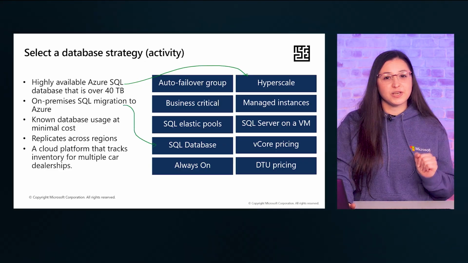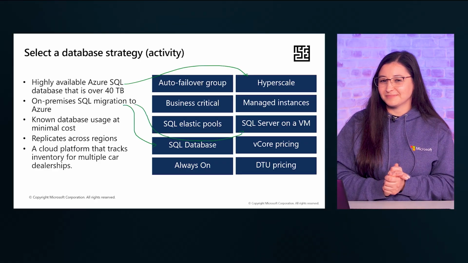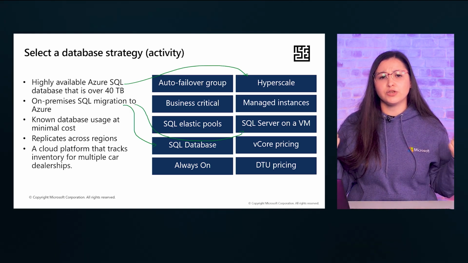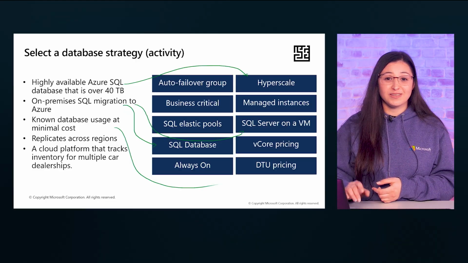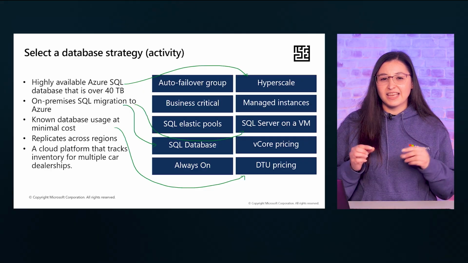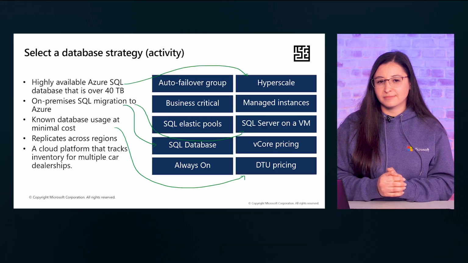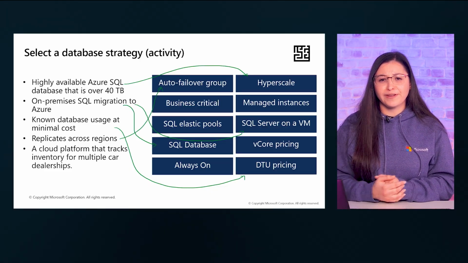We can use Azure SQL databases or SQL VMs. If we have a known database usage that we would like to consume in minimal costs, we can use the DTU pricing. If we need to replicate across regions, we can use geo-replication with auto failover groups.